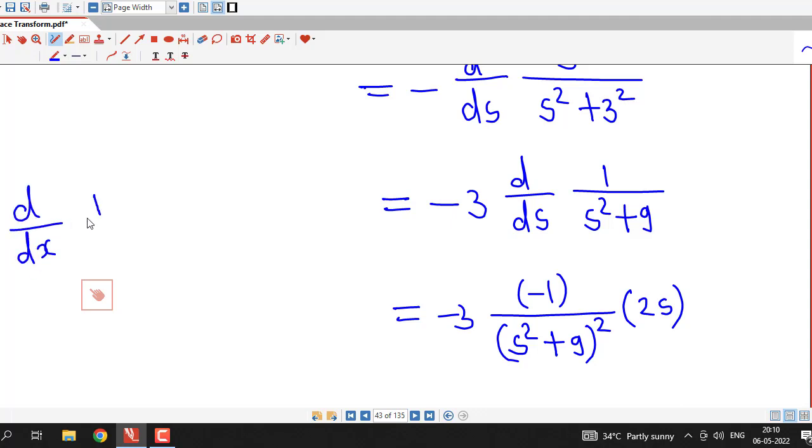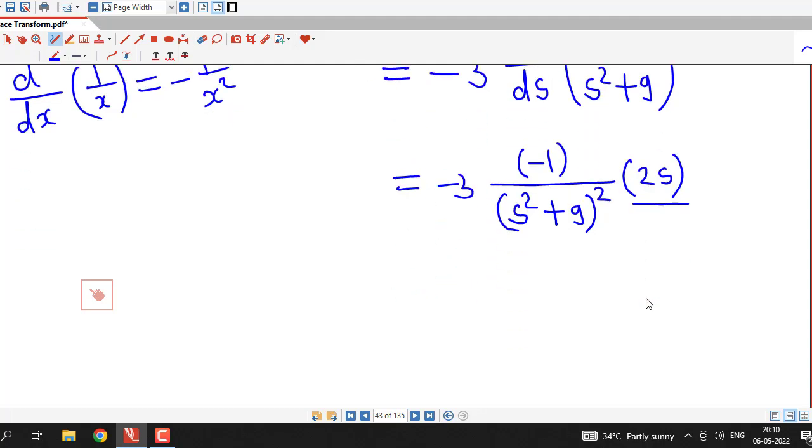We are using this formula: we know that derivative of 1 by x is minus 1 by x square. If we compare here, instead of x we have s square plus 9, so we write minus 1 divided by square of s square plus 9, and by chain rule we multiply by derivative of s square plus 9, which is 2s. This is minus 3 into minus 1, 3 into 2, that is 6.